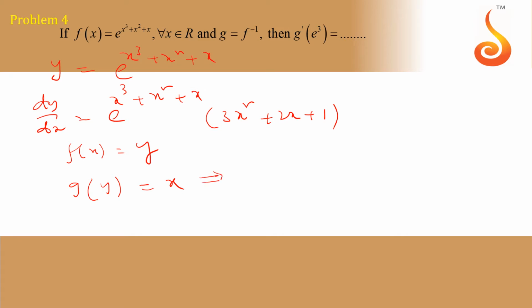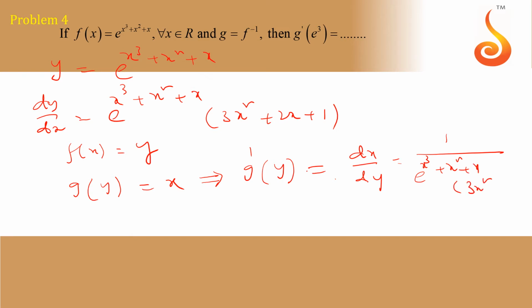Then if I differentiate this equation with respect to y only, g dash y will be equal to dx by dy, which is nothing but 1 divided by e power x cube plus x square plus x into 3x square plus 2x plus 1. So that is g dash y.